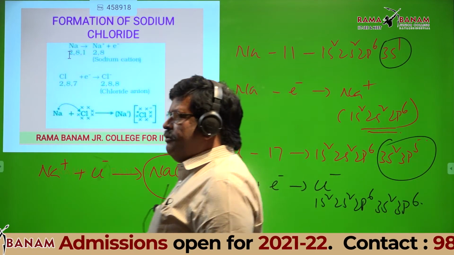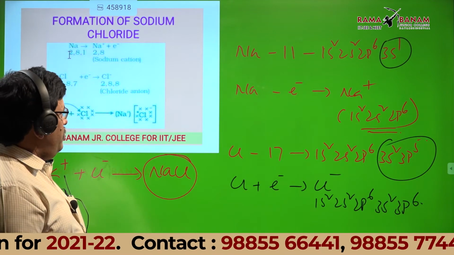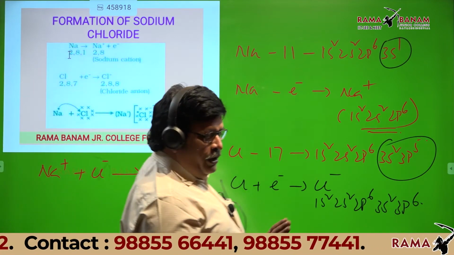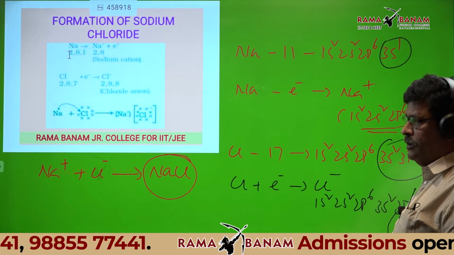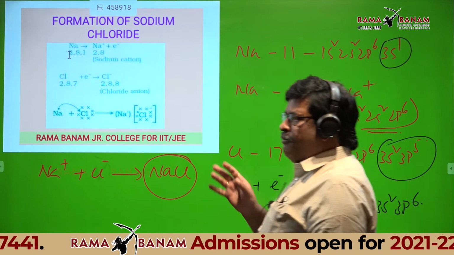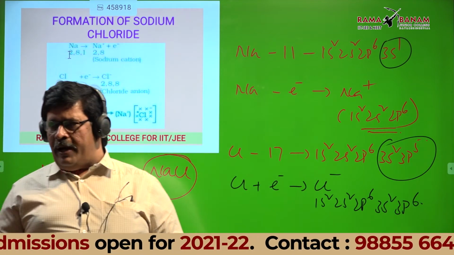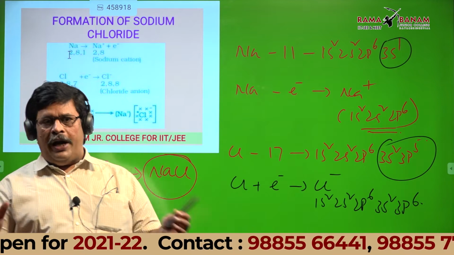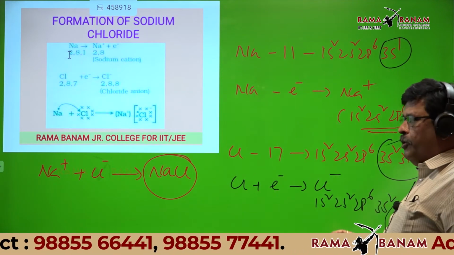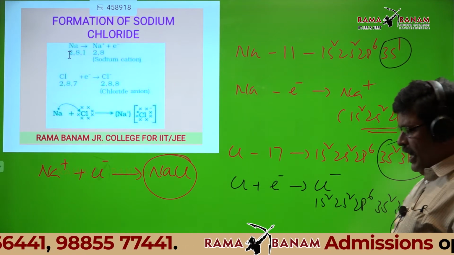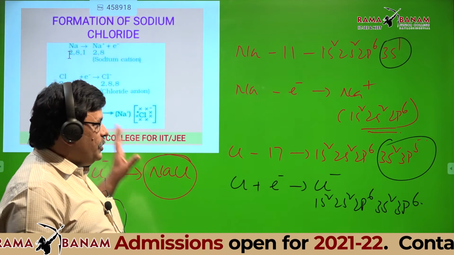Just don't write. Whenever it is required, I'll dictate. First, just go through the board. What will happen with sodium? What will happen with chlorine? Why does sodium form Na plus ion? Why does chlorine form Cl minus ion? And how is NaCl formed here? That I explained. Just go through the board. If any doubt, you can ask. After that I will dictate the notes and I will show that slide also.